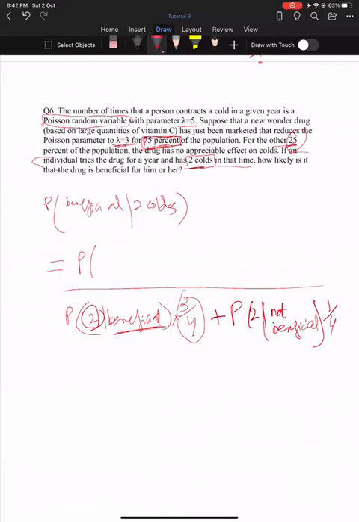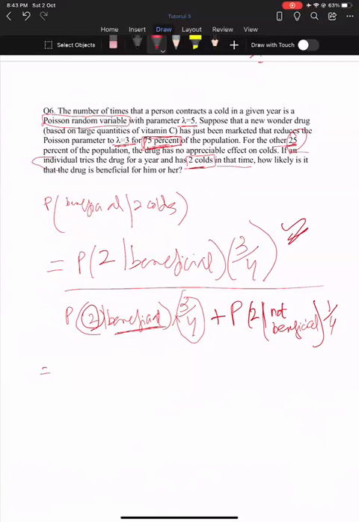And then in the numerator, we want the probability that it was 2 colds because it was beneficial, which we know is the case only for 75% of the population. So we multiply it by the percentage of the population for which this scenario holds. Now we'll apply Poisson.